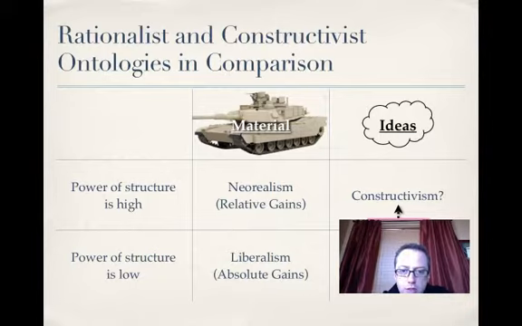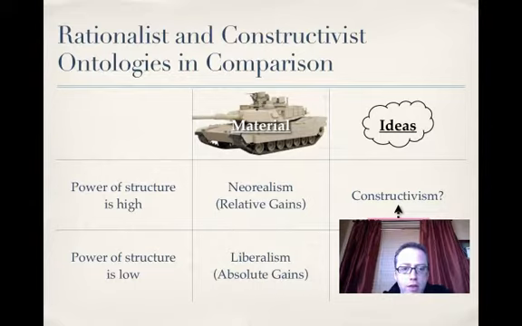Liberals, on the other hand, don't see this material question as being quite so absolute, because they see the world in terms of absolute gains, right? It's like John McCain argued during the election campaign against Obama in 2008. Just because you're gaining doesn't mean that I can't be gaining too, because, as he said, the pie can grow. If you take a bigger piece of the pie, then I get a smaller piece, but that's not true if we're growing the pie.